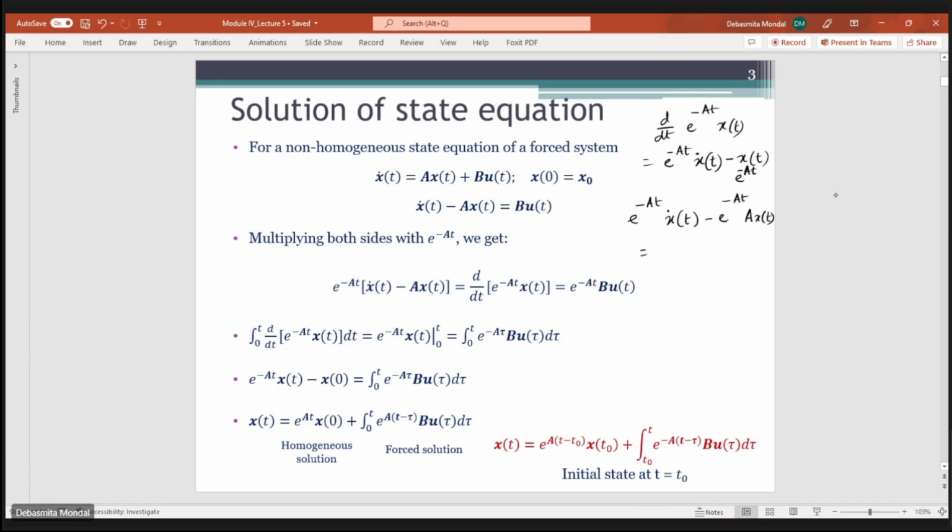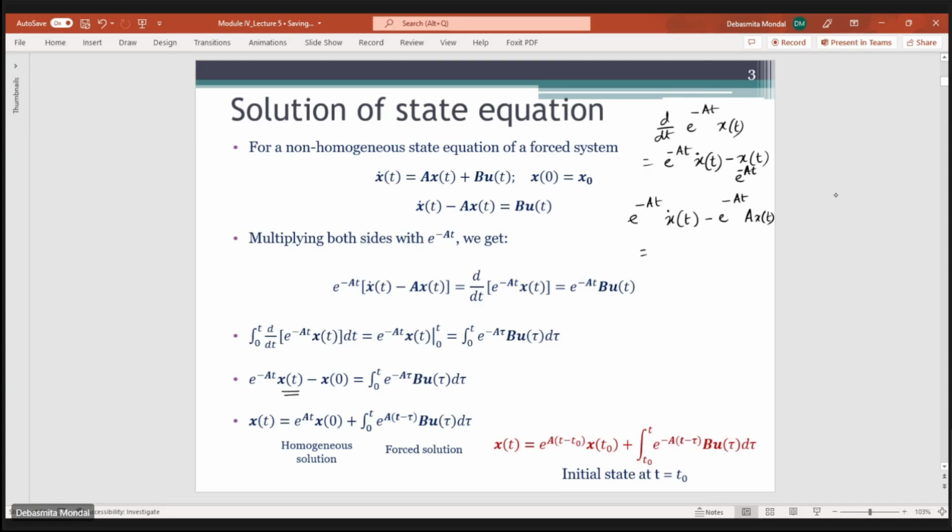So you simply substitute the limits, and you will have e to the power minus at into xt minus x0 equal to the integral from 0 to t of e to the power minus a tau into b u tau d tau, right? From this equation you can rewrite to find the value of xt, because xt is ultimately the solution of this equation.